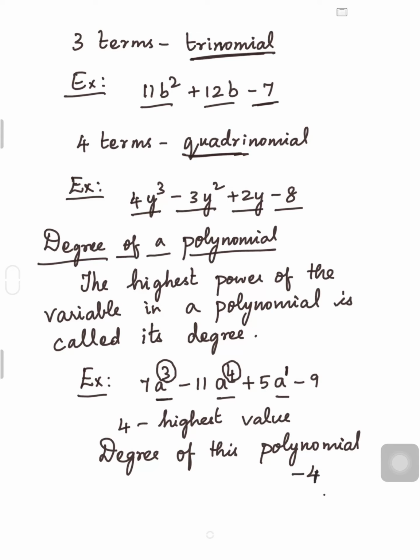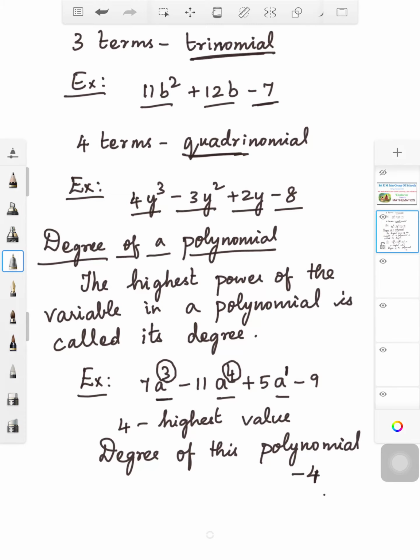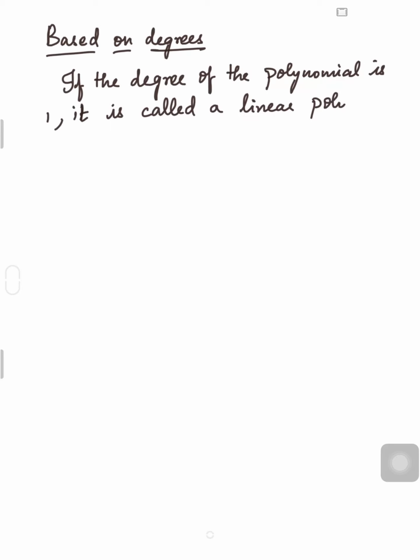Now based on this degree, we are going to classify the polynomials. If the degree of the polynomial is 1, it is called a linear polynomial.